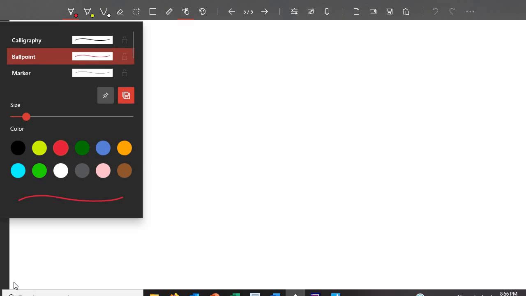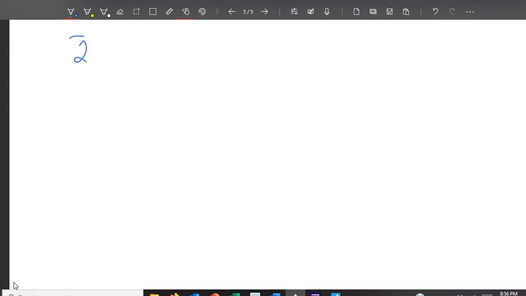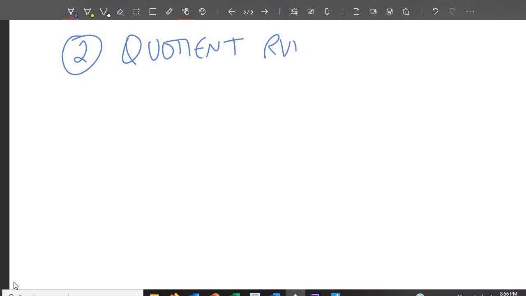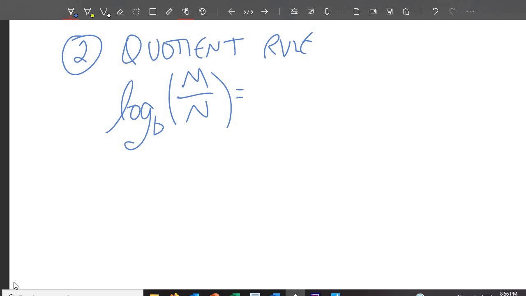Now, let's look at the quotient rule. Quotient has to do with a fraction and subtraction. Here's what the quotient rule says. If you have a fraction, you can break this apart as a subtraction problem.